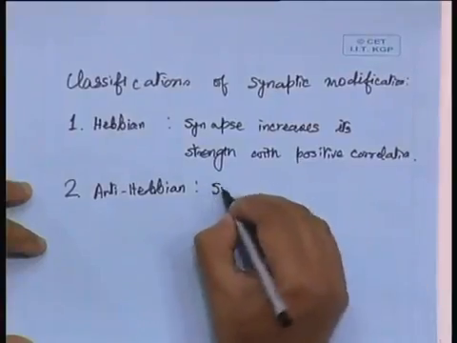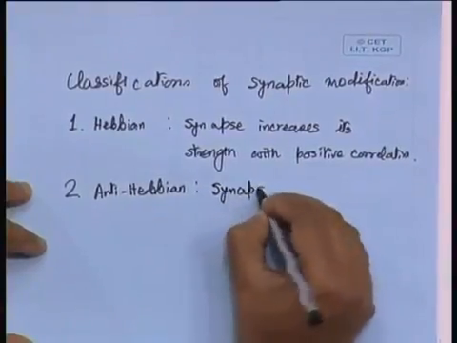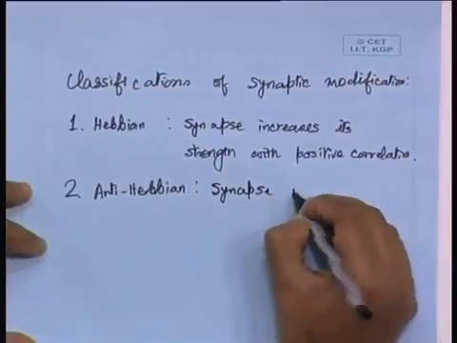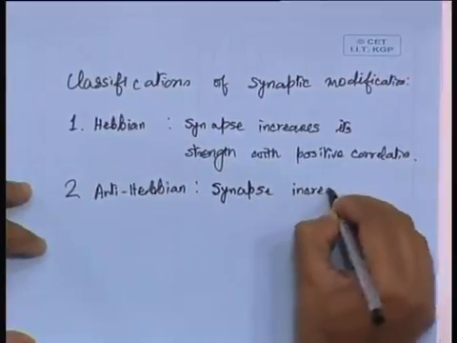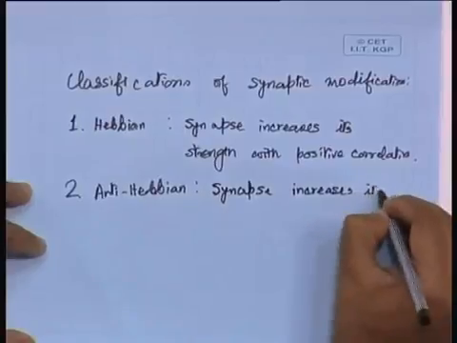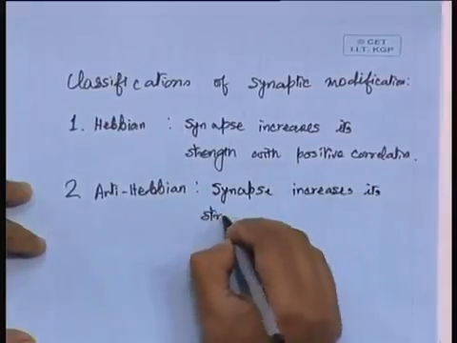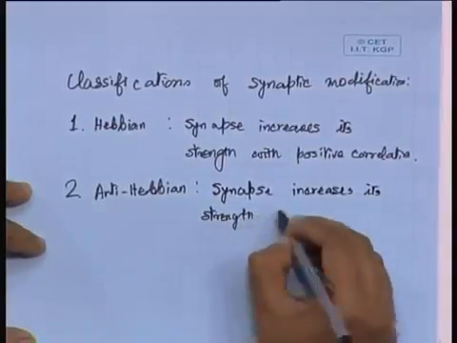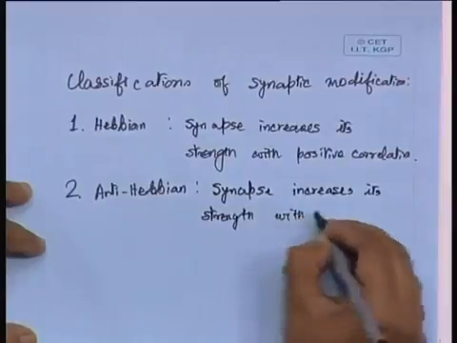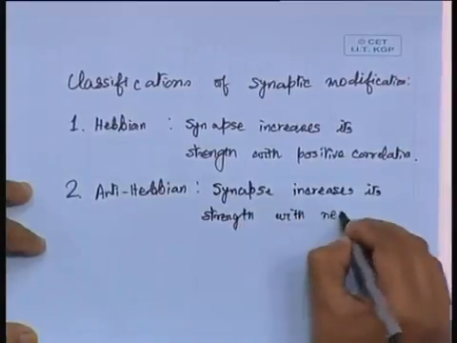So, in the case of anti-Hebbian, the synapse increases its strength, but not with positive correlation, but with negative correlation.